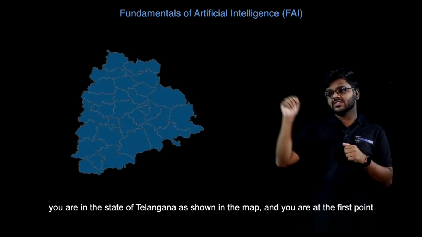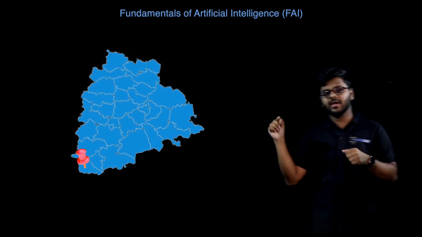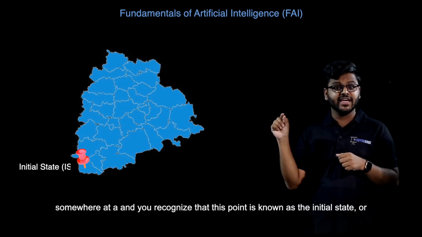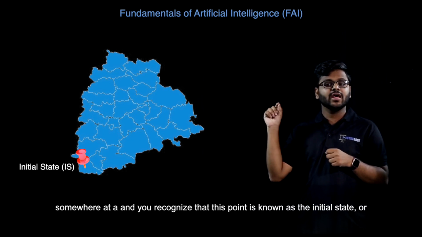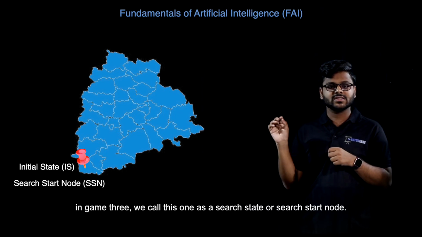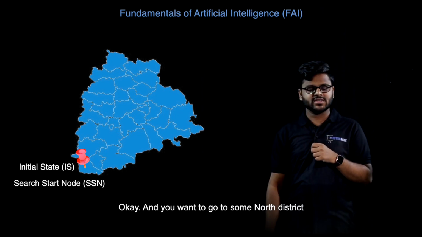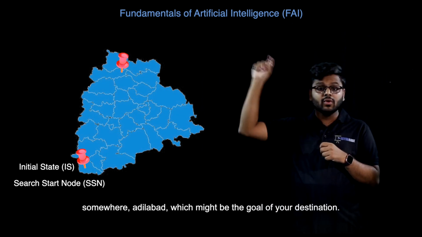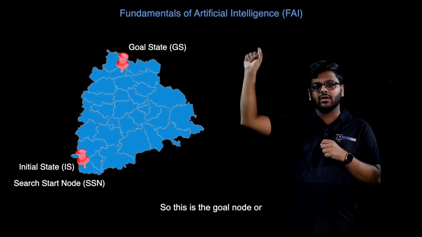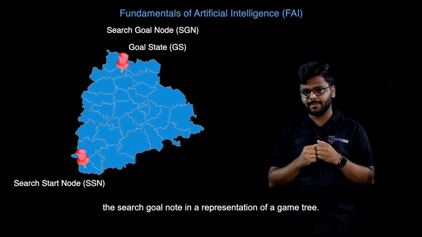For instance, you are in the state of Telangana as shown in the map, and you are at the first point somewhere at A, and this point is known as the initial state, or in a game tree we call this the search start node. Okay, and you want to go to some northern district, somewhere like Adilabad, which might be the goal of your destination. So this is the goal node, or the search goal node, in a representation of a game tree.